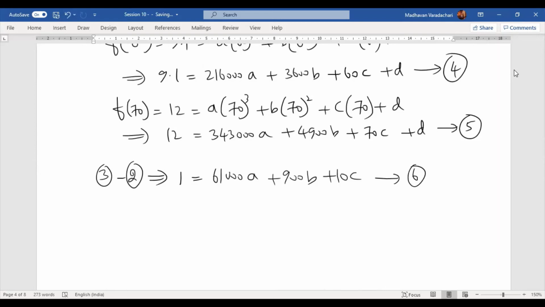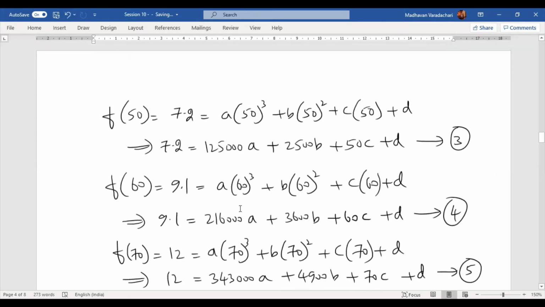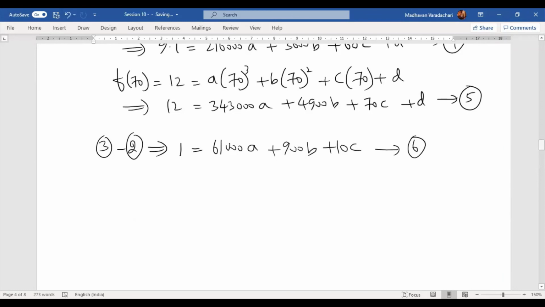Then the next one, I can subtract this equation and this equation, means fourth equation minus third equation.